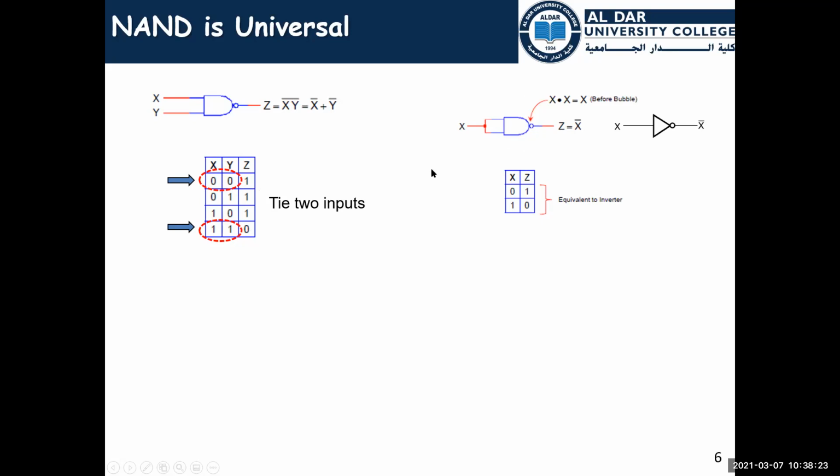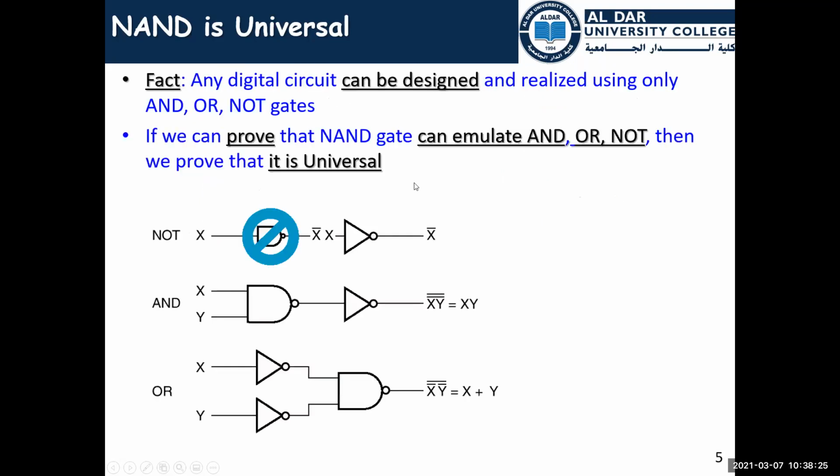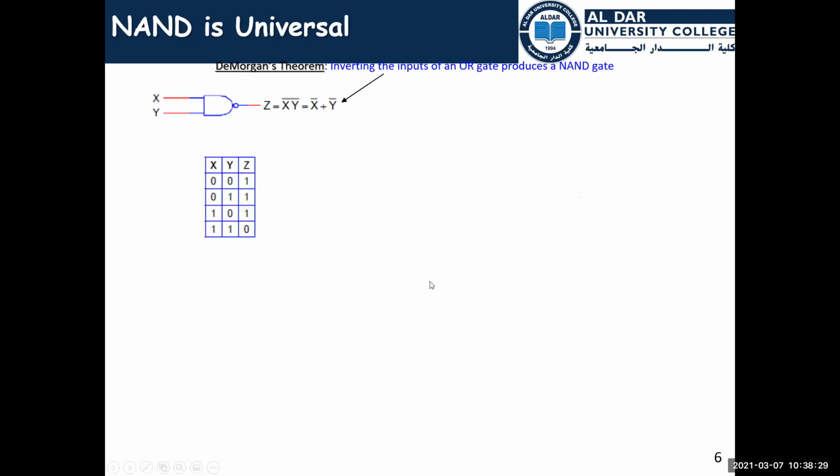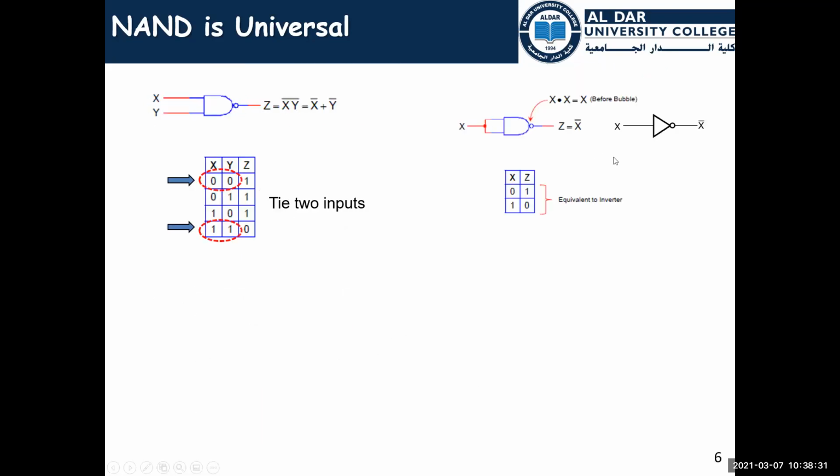Now we obtained both NOT and OR. So we have the conversion here, or the inverter here, simulated by a NAND gate using the method of attaching the two inputs together.